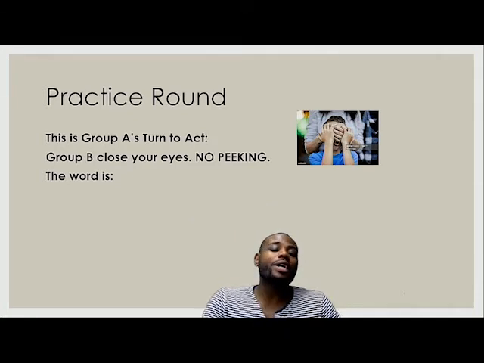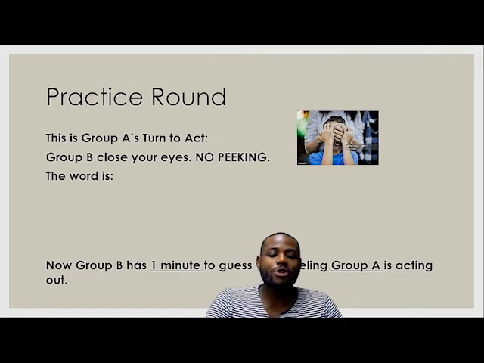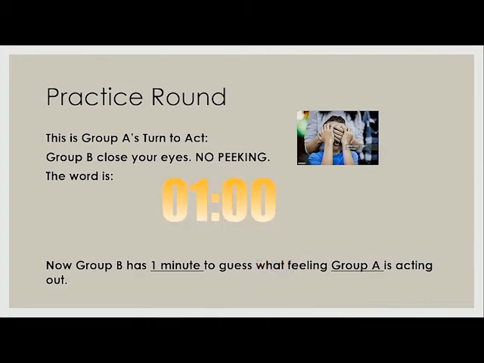All right, now Group B, go ahead and open your eyes. You have 1 minute for Group A to give clues to Group B on what the word was. 1 minute starts now.